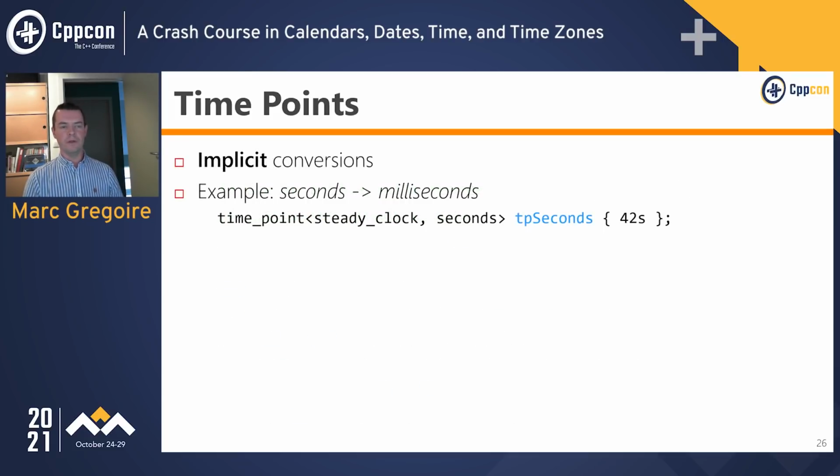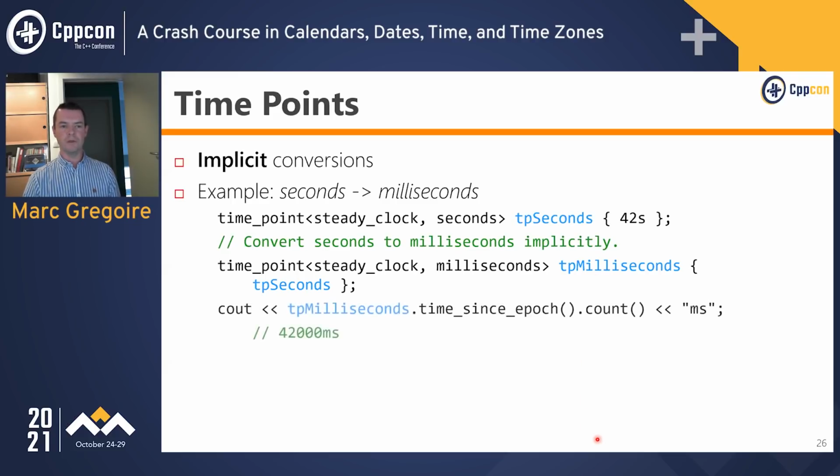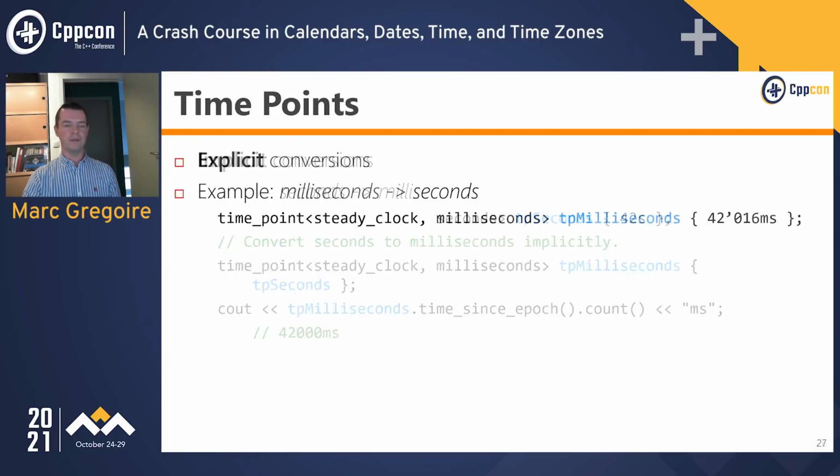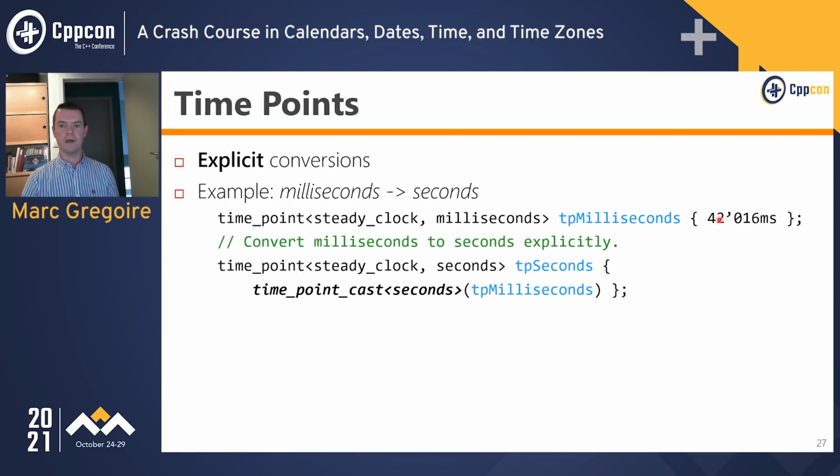Time points can be converted as well. So we have implicit conversions. For example, if you want to convert seconds to milliseconds, that can be done implicitly. We have tp_seconds, which is 42 seconds. It can be implicitly converted to milliseconds as follows. If you output this, you will see that you get 42,000 milliseconds, as expected. If the implicit conversion can result in a loss of data, then you will need an explicit conversion using time_point_cast, similar to using duration_cast during the discussion of duration.